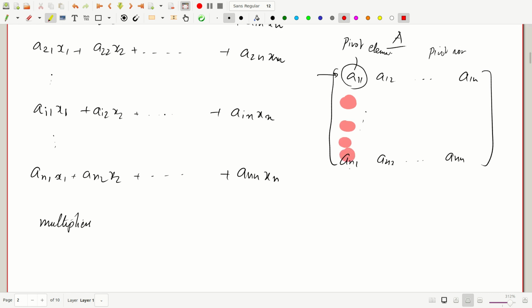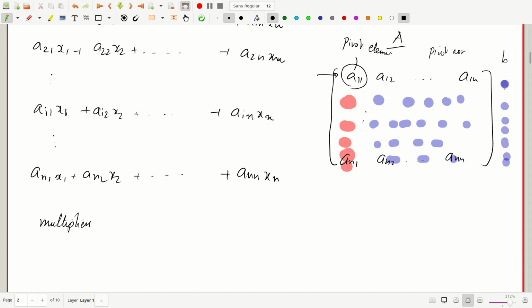So we do row operations such that all the elements below become 0, and every other element below the first row gets modified. While we do so, we also have to work on the B vector, which I have not shown here, so that also gets modified. Of course, the first element doesn't get modified because that will remain, whereas the other elements get modified.